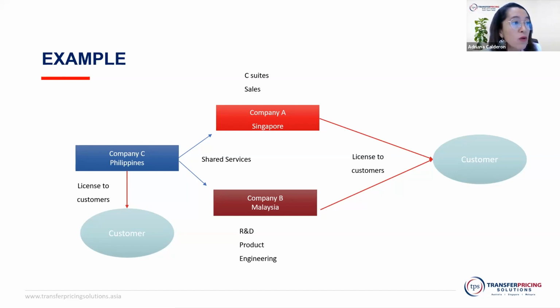Then I will have to take that argument first to then go down the path of saying, okay, because of that, I'm going to apply a profit split, whether it is contribution or whether it is residual. When can I not do that?